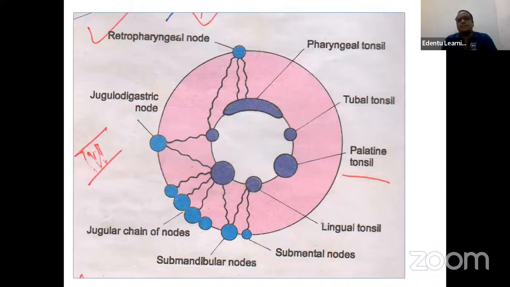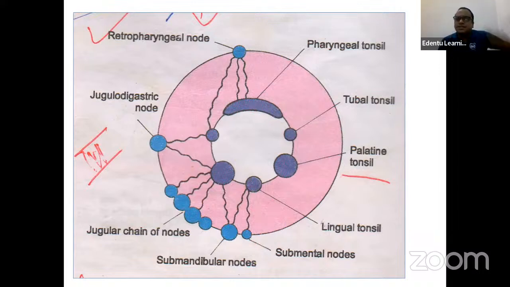When you see this diagram very carefully, there is one inner circle and one outer circle. Inner ring, outer ring. So the inner ring is the Waldeyer's inner ring. The outer circle is the Waldeyer's outer ring. So both the rings you can write in the exam.